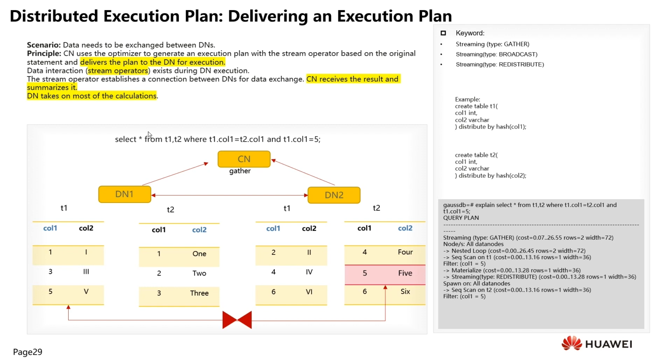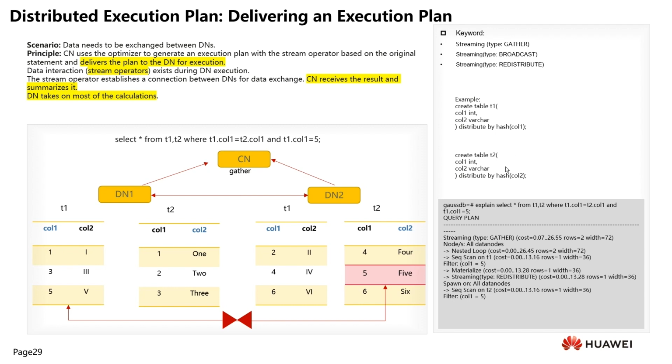Similar to the last example, we have our join conditions on column 1 for both tables. However, what's different here is the distribution column. Table T1 is distributed by column 1 and T2 is distributed by column 2.